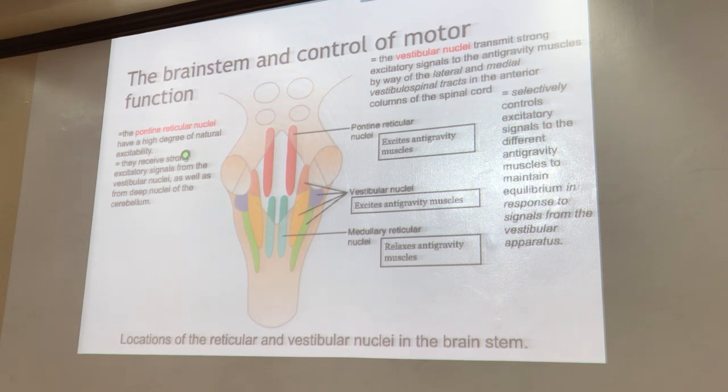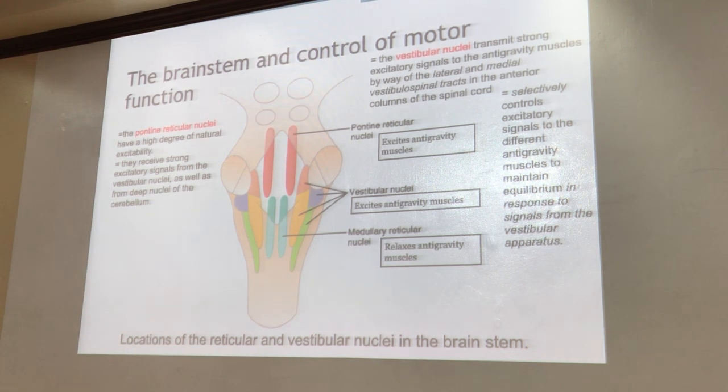Usually, these nuclei in the pons will be very excitable. And the stimuli that would excite them would be signals from the vestibular nuclei, and also from the cerebellum.